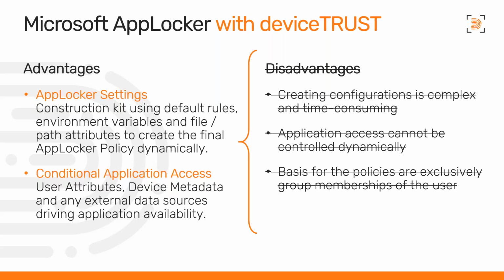And the context is not only user and group membership, it's any user attribute, any remote device information or any data from any external sources which drives the availability of those applications. And with this in place with device trust, we eliminate all the disadvantages of AppLocker and combine that together with the advantages which you get with AppLocker. And that's a smart new feature with 20.2.100.